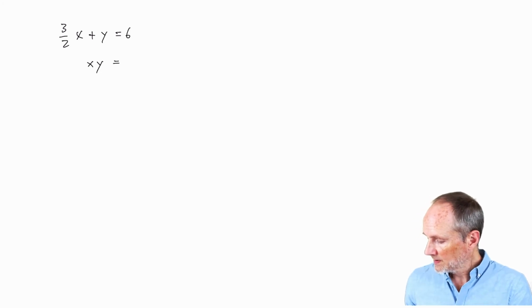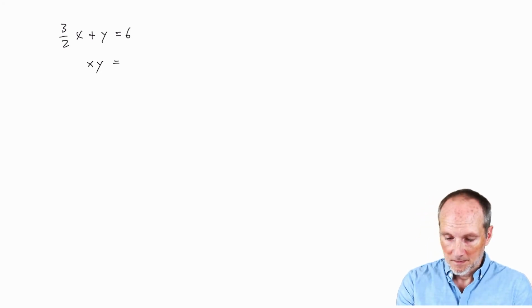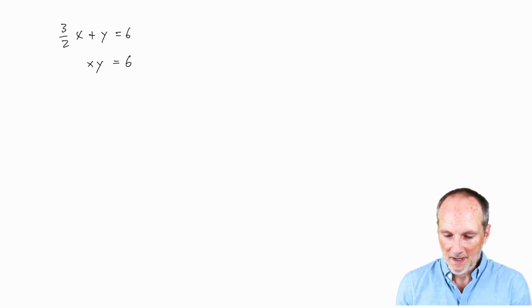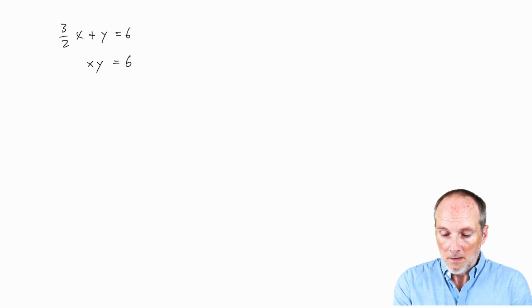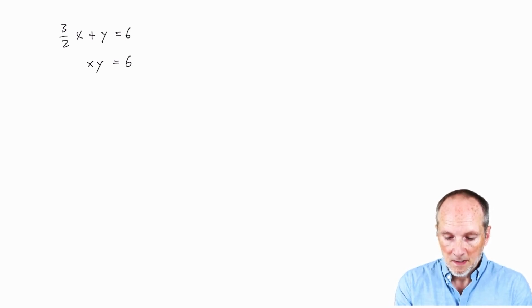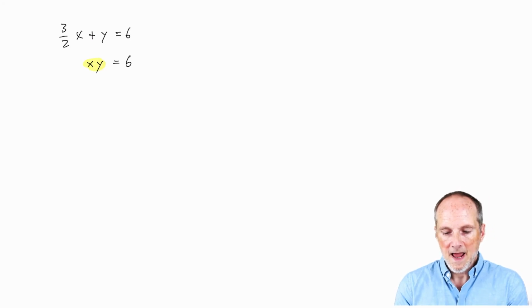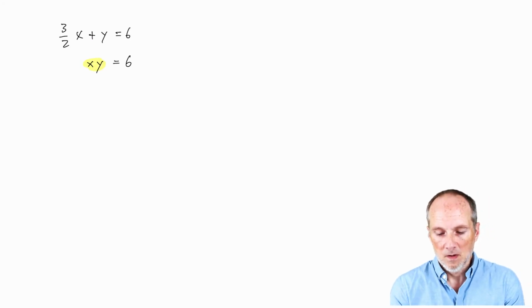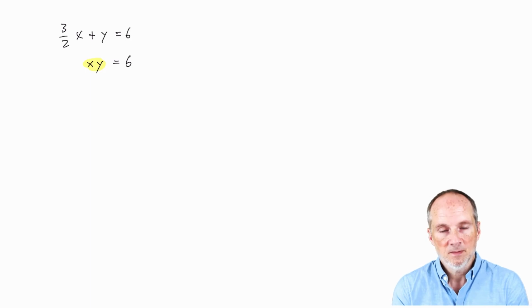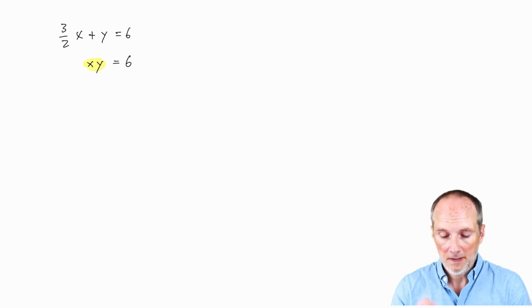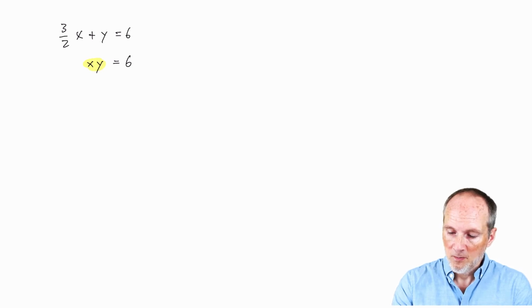I'll use 6 again. I don't know why I'm using 6s for right-hand values, but anyway. So now the first equation is linear, but for the second equation, we're not adding x plus y. We're multiplying them together. That's a nonlinear expression.